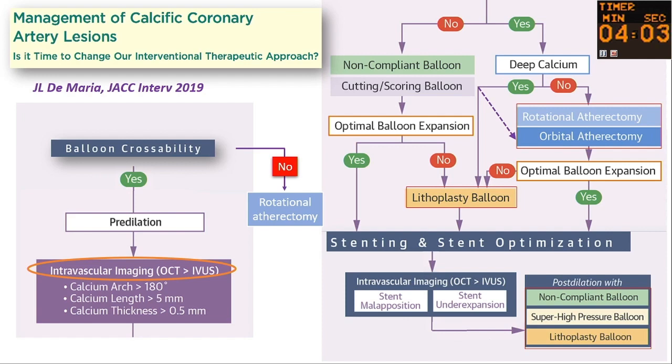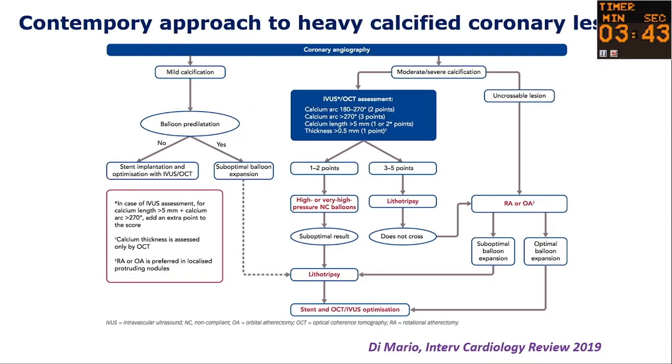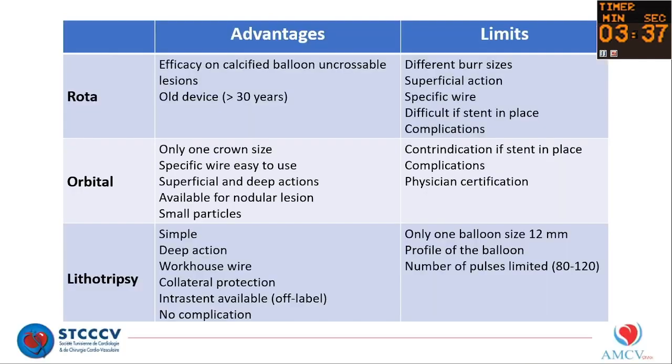So you see, this is only expert advice. It's not a recommendation. And this algorithm is focused on the lithotripsy. I'm not sure that it's really the good one. Exactly the same, with some differences in the scoring of the assessment of the lesion.